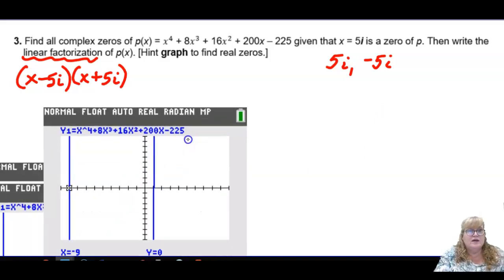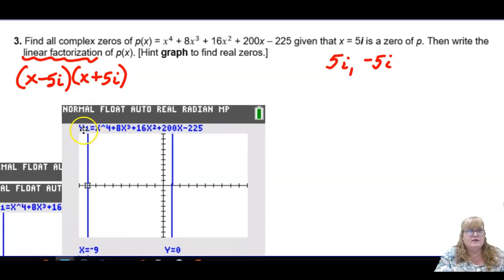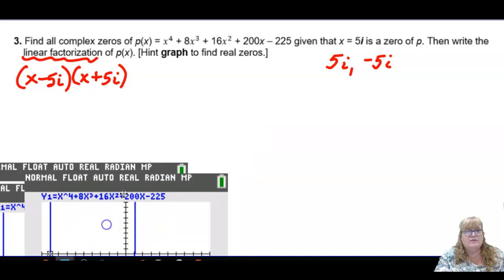So I typed it in: x to the fourth minus 8x cubed plus 16x squared plus 200x minus 225. Now this is all I got in a standard window. This is not a good window for looking at this, but I counted and this was -9, so I just did trace -9 and it actually worked. There was a 0 at -9.